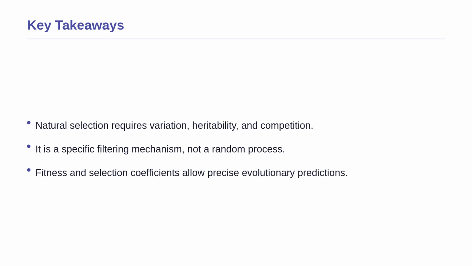It is a highly specific filtering mechanism where the environment determines which traits are beneficial. Finally, by using mathematical tools like fitness and the selection coefficient, we can precisely measure and predict how populations will change over time. You now have a solid understanding of the beautiful, continuous engine that shapes all living organisms.